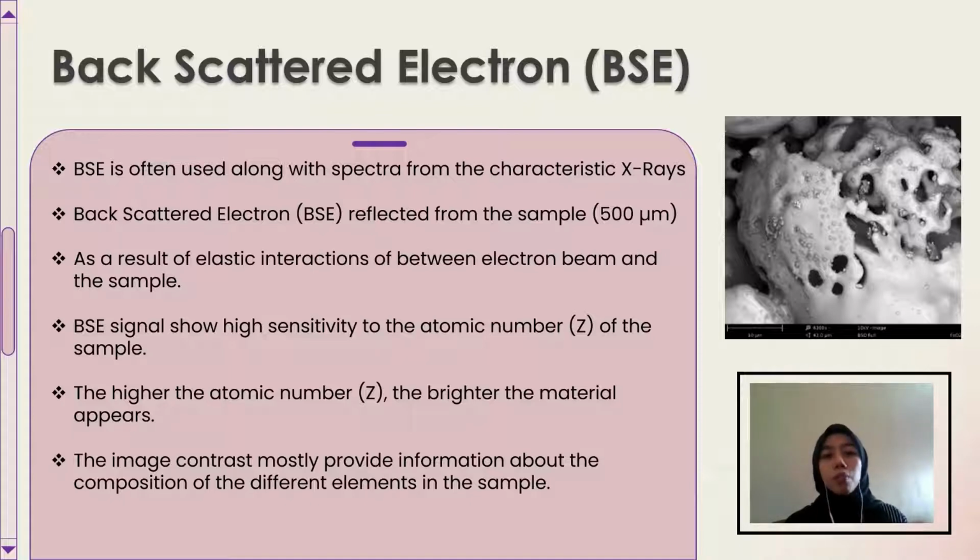It is most preferable because BSE signals show high sensitivity to the atomic number of the sample. Thus, the higher the atomic number, the brighter the materials appear on the result. So the image contrast mostly provides information about the composition of the different elements in the sample.